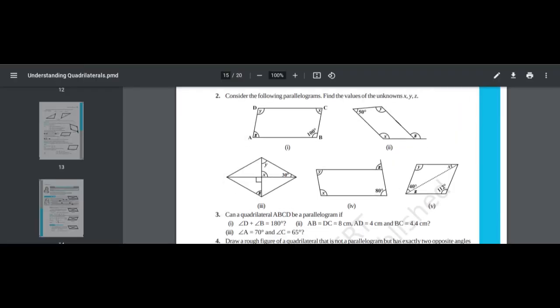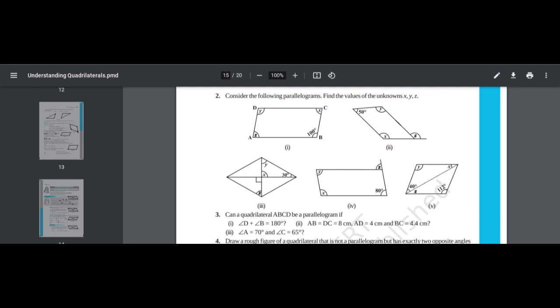Can a quadrilateral ABCD be a parallelogram? So they ask the question: if we have a quadrilateral like ABCD, can we call it a parallelogram if the angle D plus angle B is equal to 180, by the sum of two angles? If AB is equal to DC, 8 centimeters, and AD is 4 and BC is 4.4 centimeters.